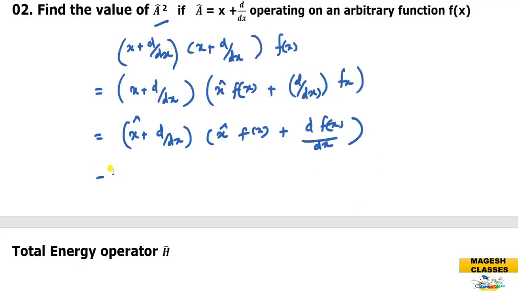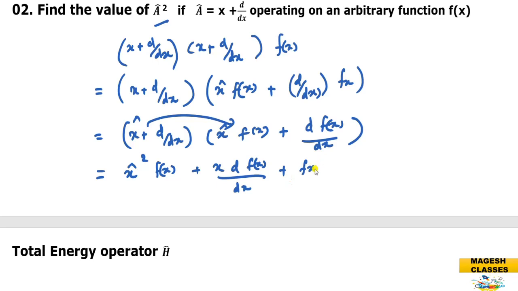So this is equal to x square f of x, and x df of x by dx, plus f of x plus x df by dx.